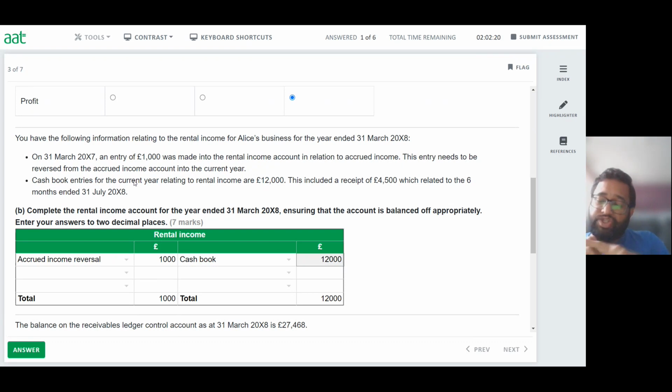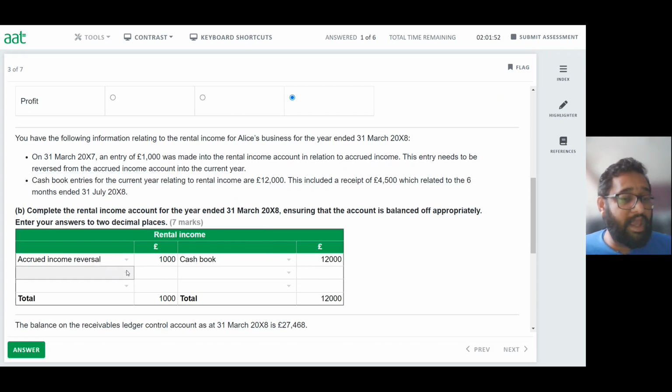February, March, April, May, June, July. But only 2 months of it, February and March, will be included in the current year. April, May, June, July, 4 months now has to be taken away. How much is that? If that is 4,500 for 6 months, divided by 6 gives £750 per month, that means 4 months is going to be a prepayment amount of £3,000.